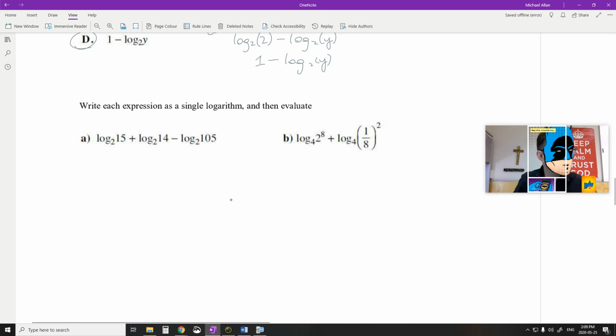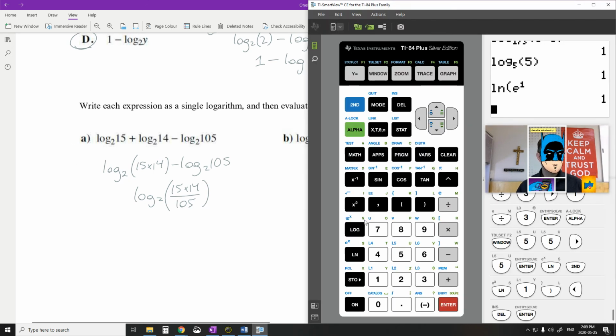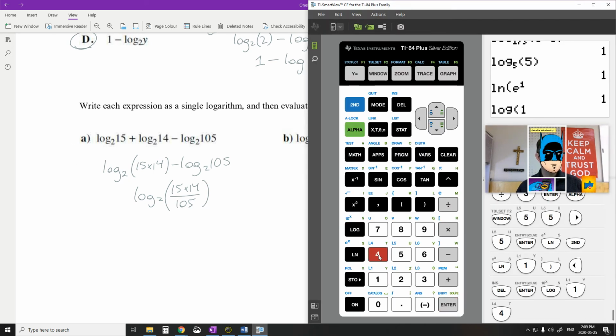Okay, let's write the expression as a single log and then evaluate. If you haven't done so, pause the video and try these out. Okay, let's keep going. So log is going to be 15 times 14. I'm subtracting these, so I'm going to go log base 2 of 15.